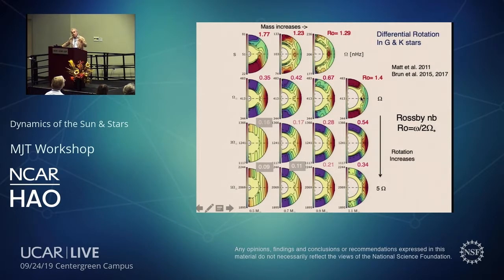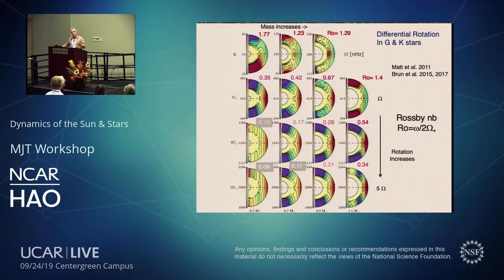And we have been able to identify at which location in parameter space you can get anti-solar. And we have designed a simulation to determine the limit between solar-like and anti-solar rotation. And then we also find, for very fast rotating simulations with a very low Rossby number, a Jupiter-like profile.